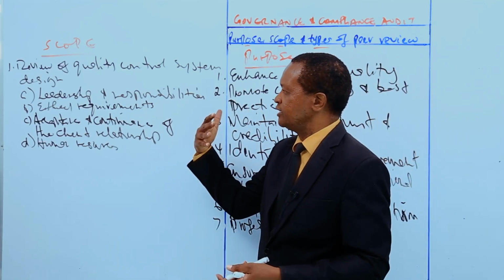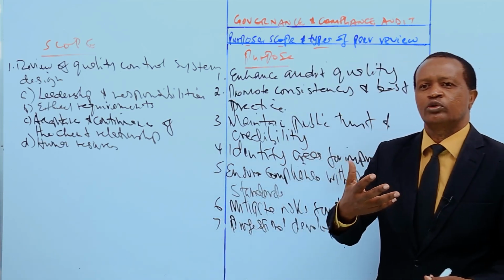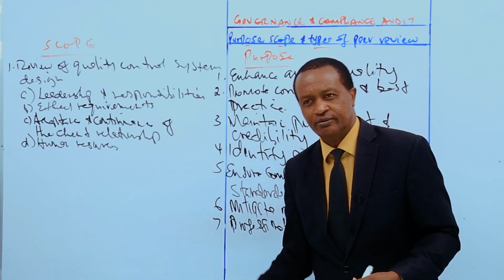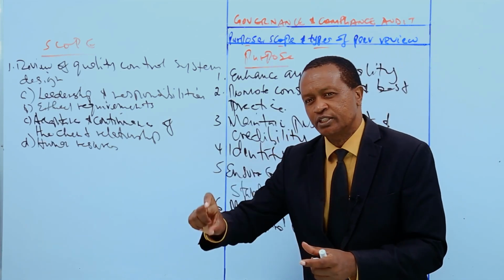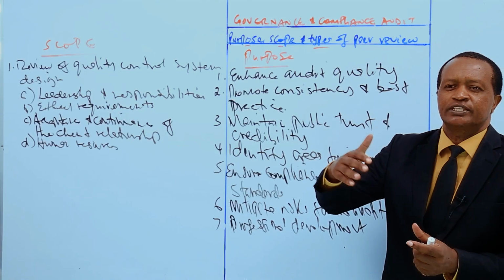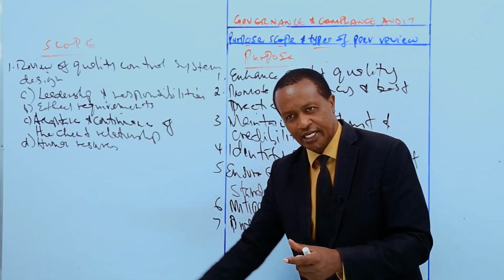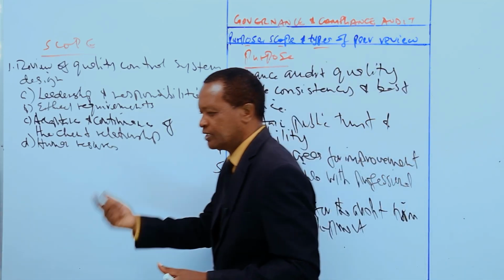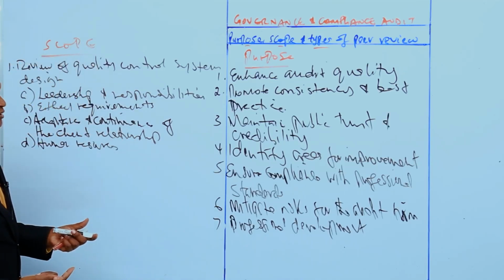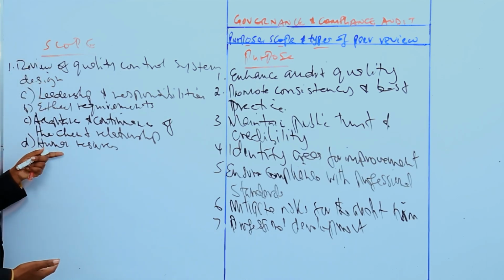Now, when auditing the governance and compliance auditors, this review focuses on whether the audit firm has policies for recruitment, professional development, and performance evaluation. Does the audit firm evaluate the performance of its workers? And does it assign responsibilities appropriately? Those are questions that are part of the scope when carrying out this review.